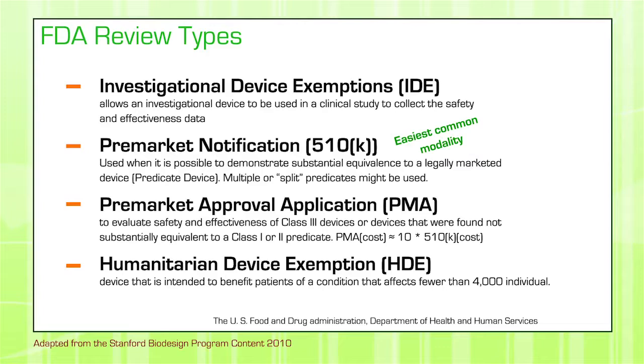And this is going to require you to do clinical studies on humans. And if it is an implantable or something in which there is substantial risk, you're going to require an investigational device exemption. Actually, for any device you're going to test on humans with these characteristics, you're going to have to apply for this permission.